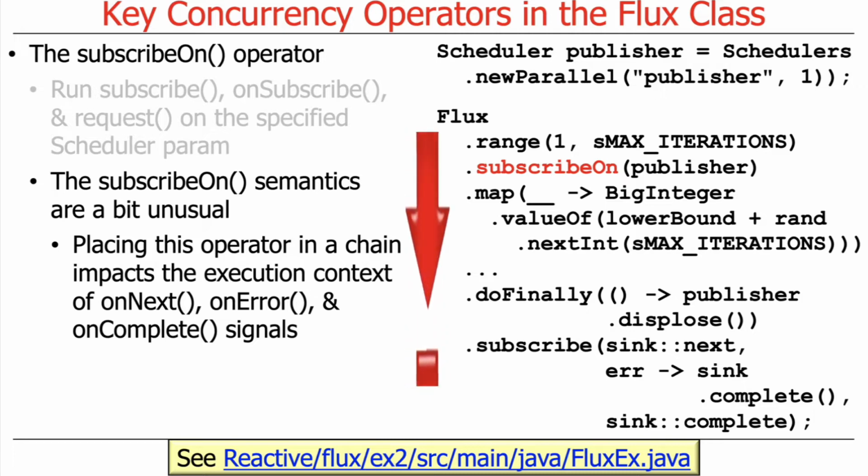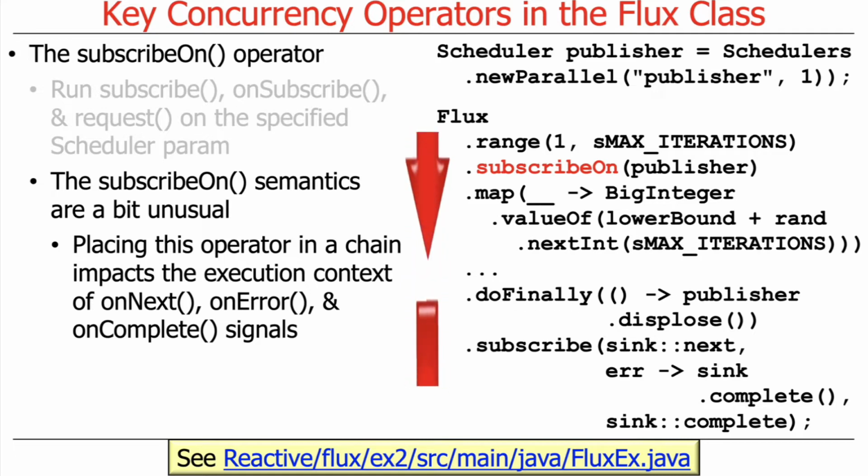You can see the publisher thread is going to use the newParallel factory method we'll talk about in a second. So we're going to publish this on the publisher, and then we're going to generate a random number. We're going to generate n random numbers, basically, using this technique. And then we're going to subscribe, and it's going to do stuff and send this data up the stream.